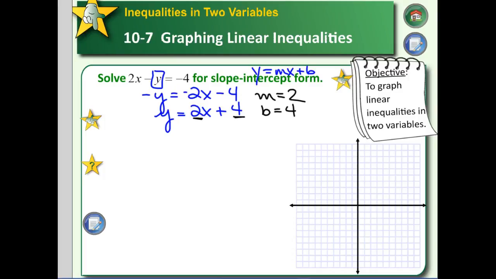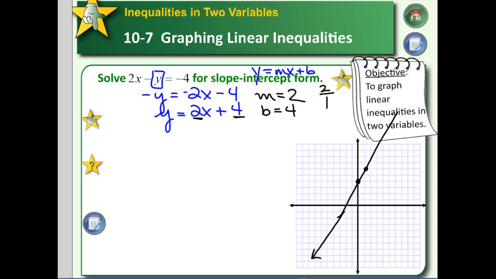We need to go to where 4 is on the y-axis, and then our slope is 2. Now remember, we've got to make our slope a rise over run, so we're going to go up 2, right 1. And then I would just connect the dots and graph my line.